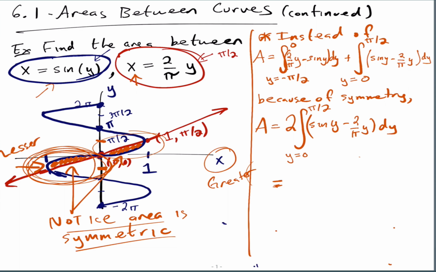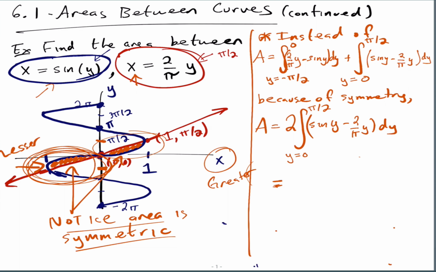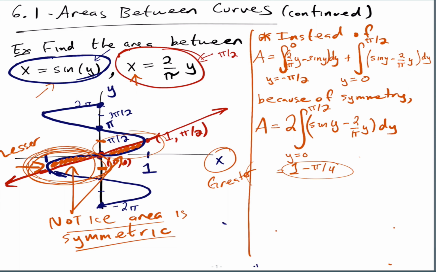So, this one right here, we got, what was it? 1 minus pi over 4, right? That's what we had said. So sometimes you have to decide whether you want to integrate with respect to x or with respect to y.